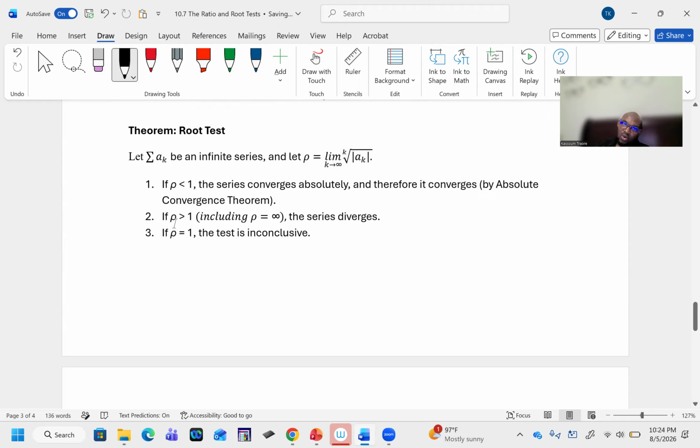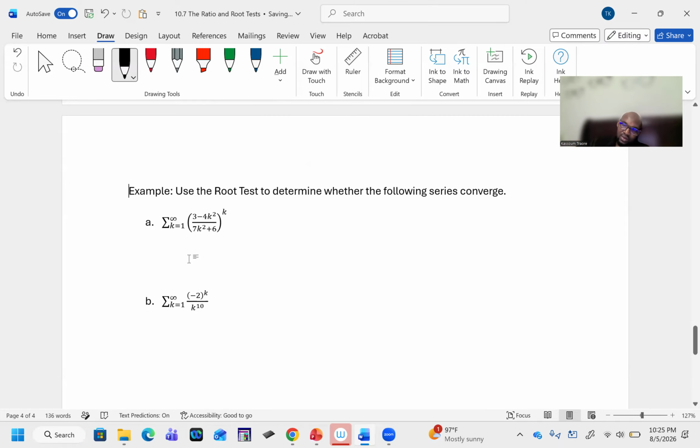If rho is greater than one, including rho equal to infinity, then the series diverges. And if rho is equal to one, the test is inconclusive. Again, let's jump to the first example to solve this one.